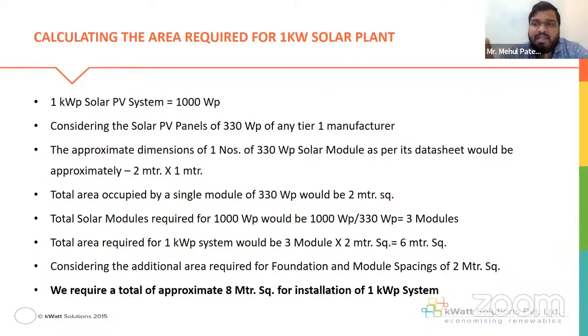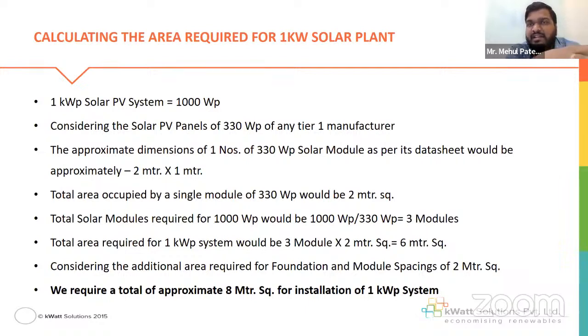Sometimes the electricity bill doesn't play much of a part, because in open access cases you need to do the analysis using the area. So I hope you understood when to use the area analysis and when to use the electricity consumption.